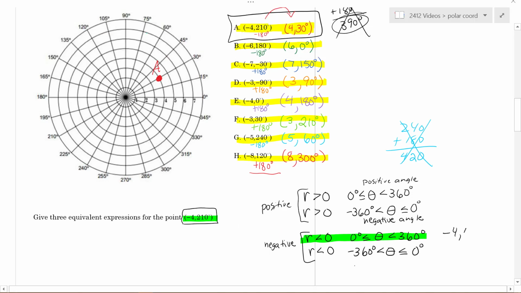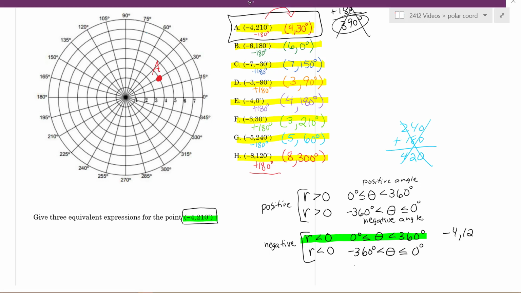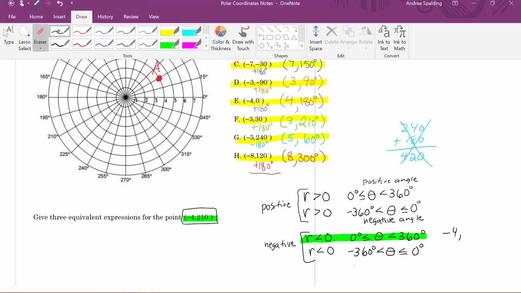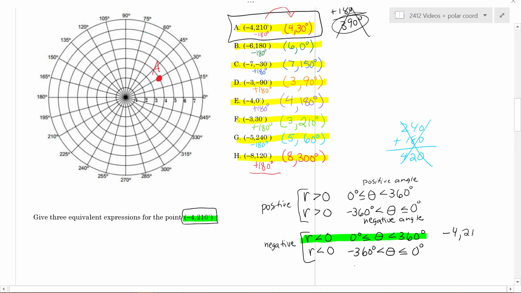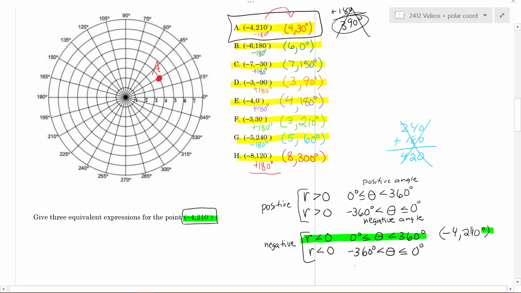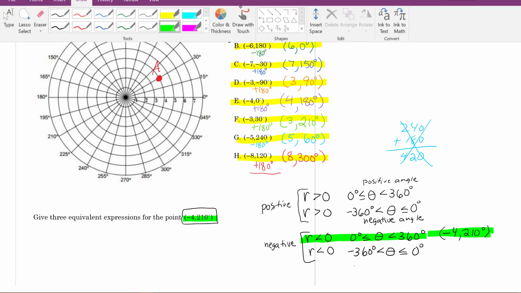That's -4, positive 210. So that fits there. Alright, so we want 3 different representations that fit into these other 3 categories that are left.